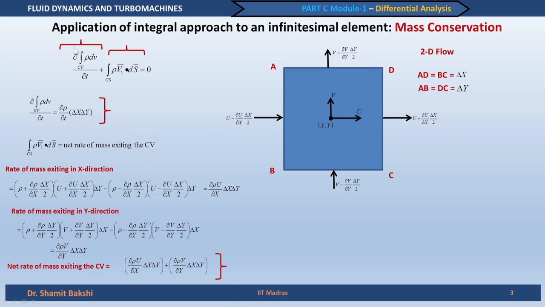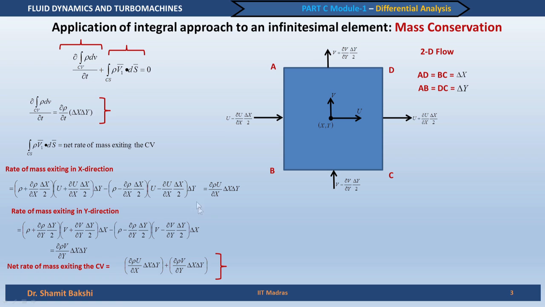This part forms the unsteady part of the equation, and this part forms the part which includes the convective component. Convective means the mass exchange by velocity through the control surfaces.